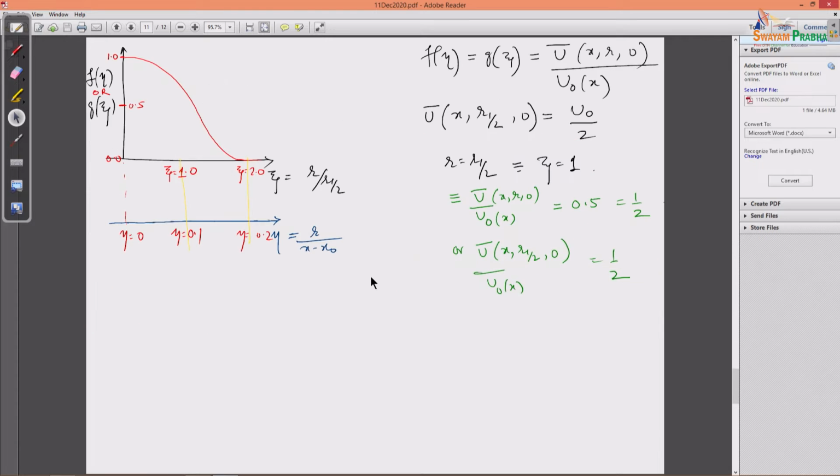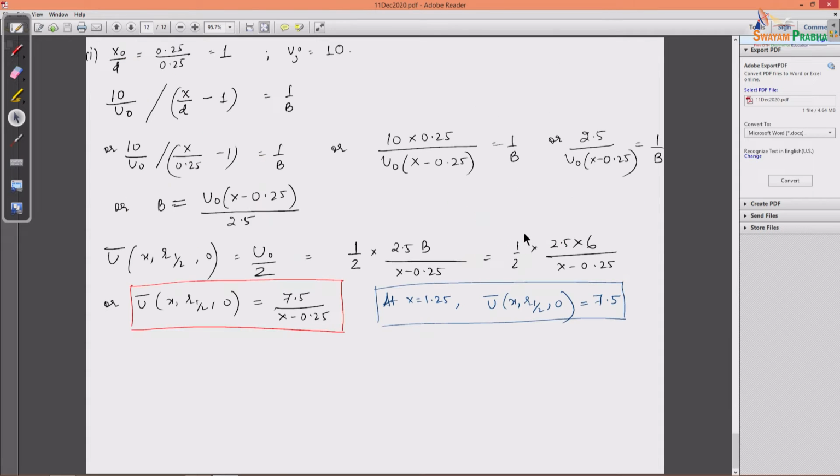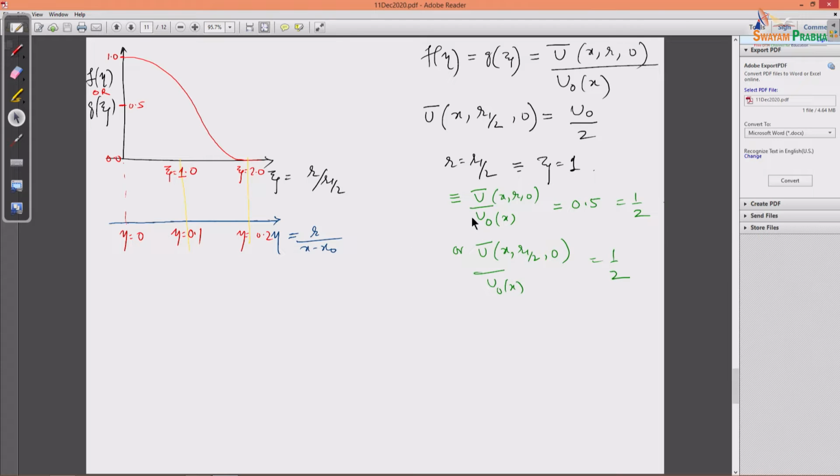We also looked at how these are self-similar, and we looked at this plot in terms of zeta and eta and functions of those. Finally we said that the mean velocity at R half, as a fraction of U naught, is equal to half.